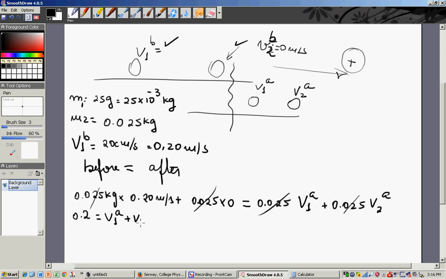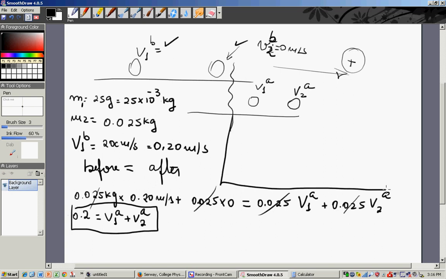Okay. Now, my second equation is, well, the collision is elastic, and I have this handy-dandy equation, and that is v1 before minus v2 before is equal to negative of v1 after minus v2 after.